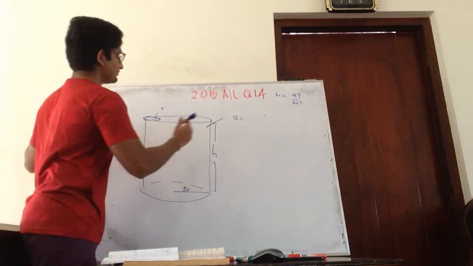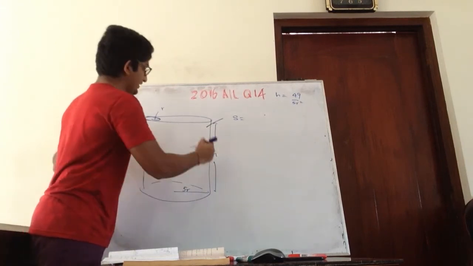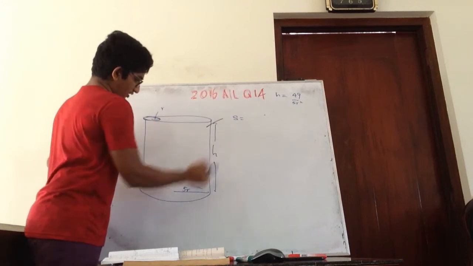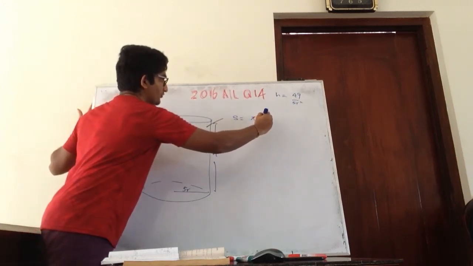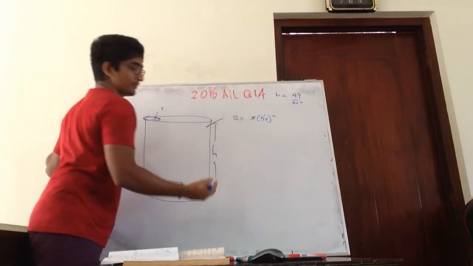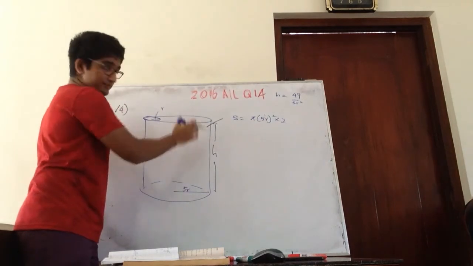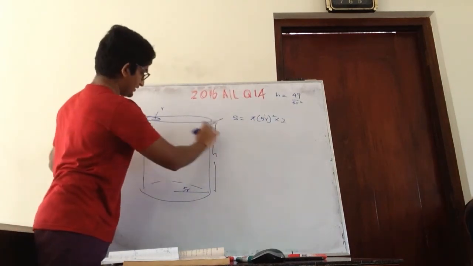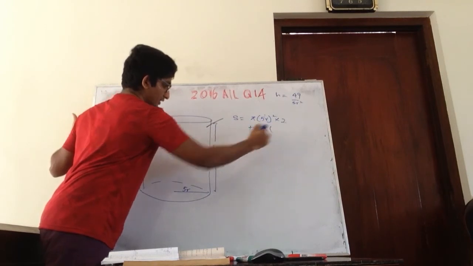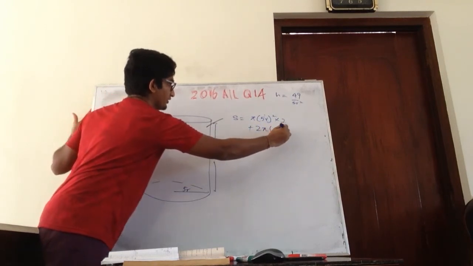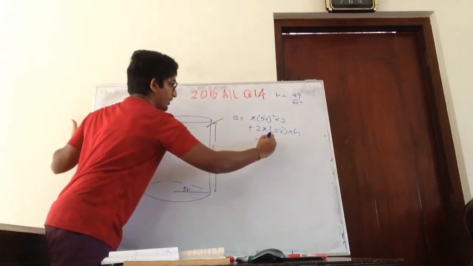So what is the total area now? There are going to be two circular ones, that is πr squared into 2. Then the cylindrical area is going to be 2πr into h. Then I have to reduce this area, minus πr square.